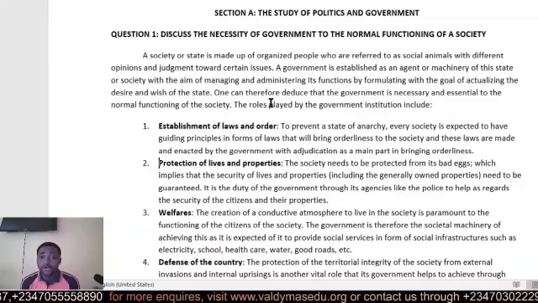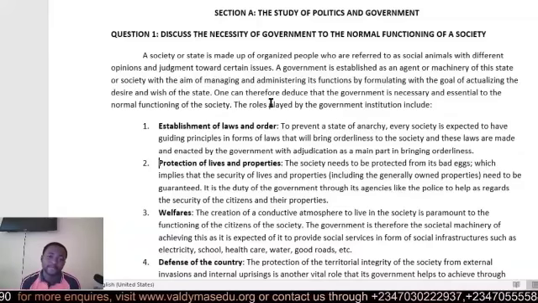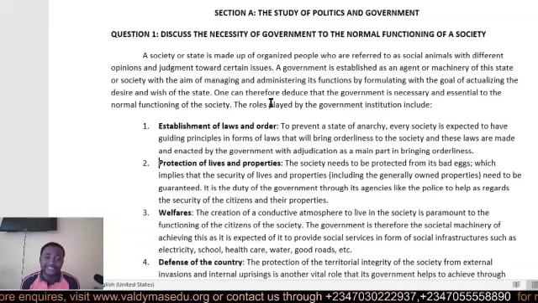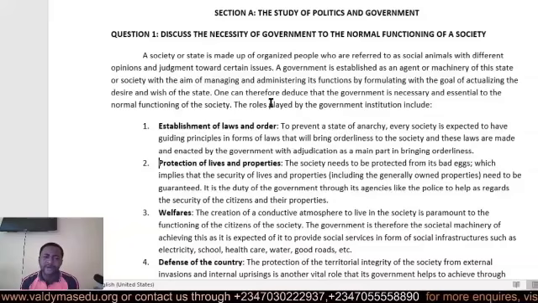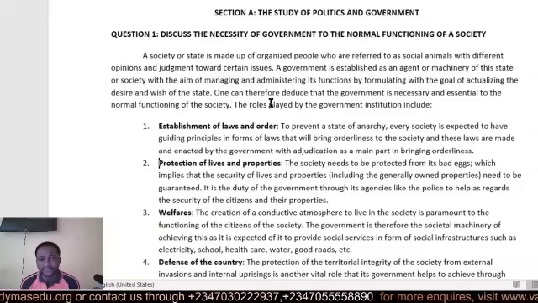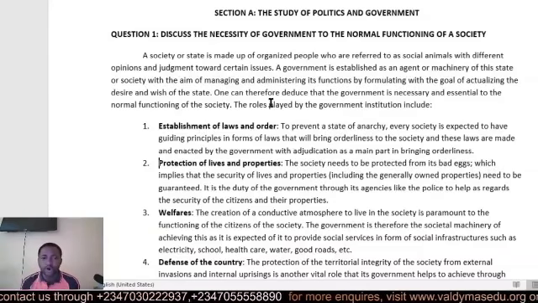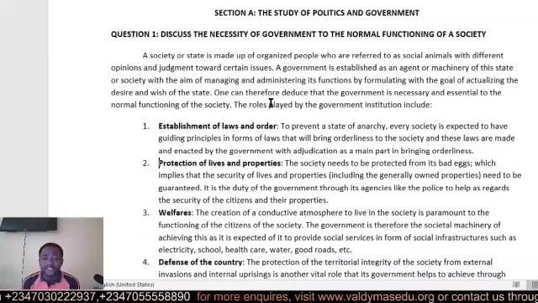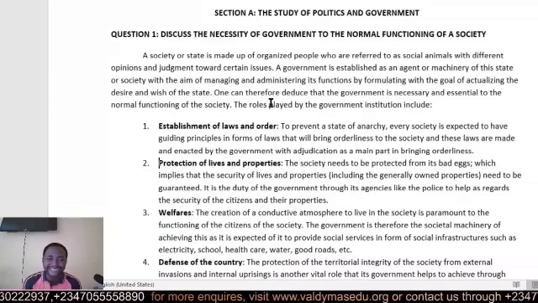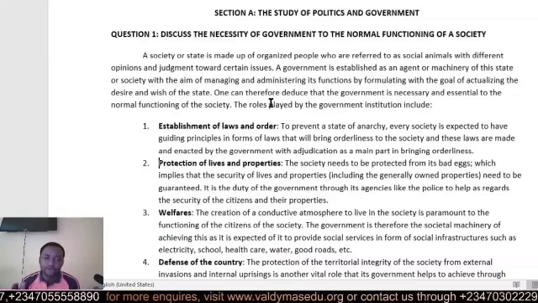Also, one very vital property of every man is his life, and we desire to have our lives protected. These therefore form another basic function of a government in a state, and also establish why government is necessary to the normal functioning of a society.